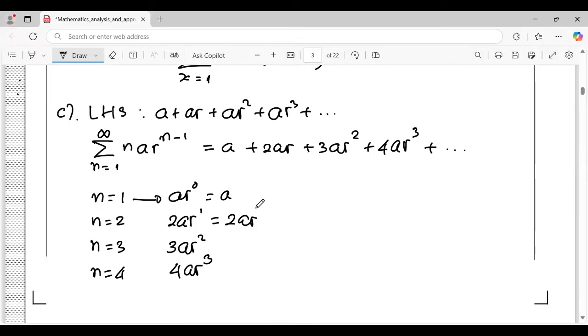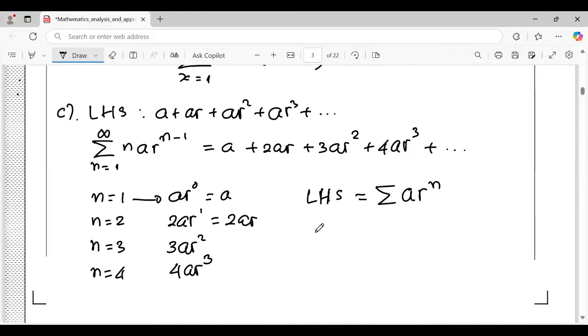Now, actually, the left-hand side, if you look at the result, we can write it as sigma of a times r power n, because this is 0, 1, 2, 3, and so on.